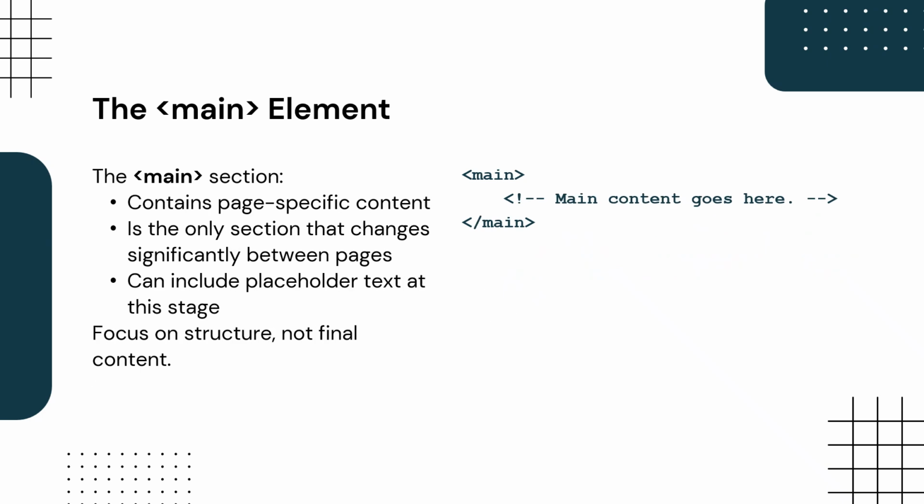Now the main section is where the unique content of each page is going to live. This is probably the only part of your layout that should significantly change from page to page. For now, placeholder text like "Welcome to the About Us page" is perfectly acceptable. What matters is that the structure exists and it makes sense.